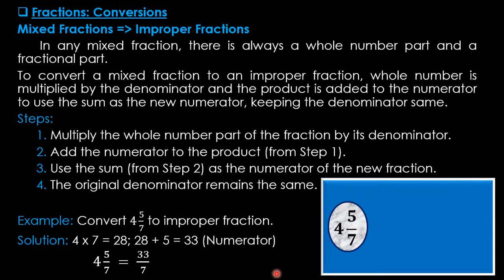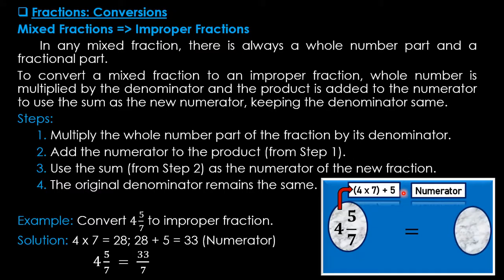So 4 and 5 over 7 was the original mixed fraction. From this we multiply the whole number part by the denominator. So 4 times 7 plus 5, then we get the numerator 33 and the denominator remains the same, the denominator is unchanged.